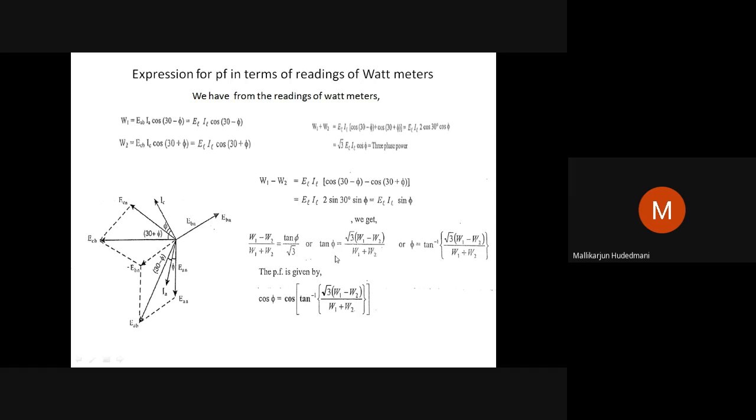Therefore, phi equals inverse tan of root 3 times (W1 minus W2) divided by (W1 plus W2). The inverse tan function gives me the angle. Then the power factor is cos phi equals cos of inverse tan of root 3 into (W1 minus W2) divided by (W1 plus W2). This represents the power factor of the system.